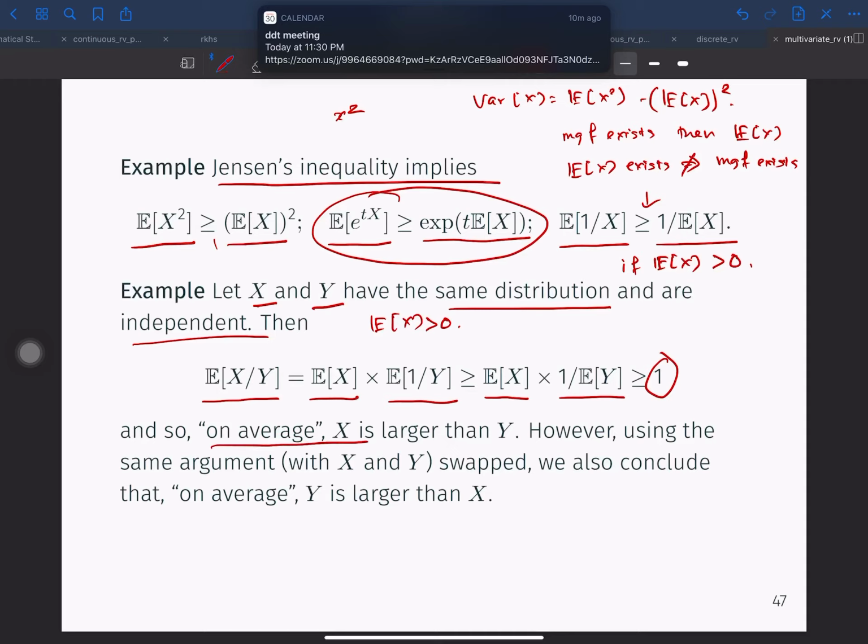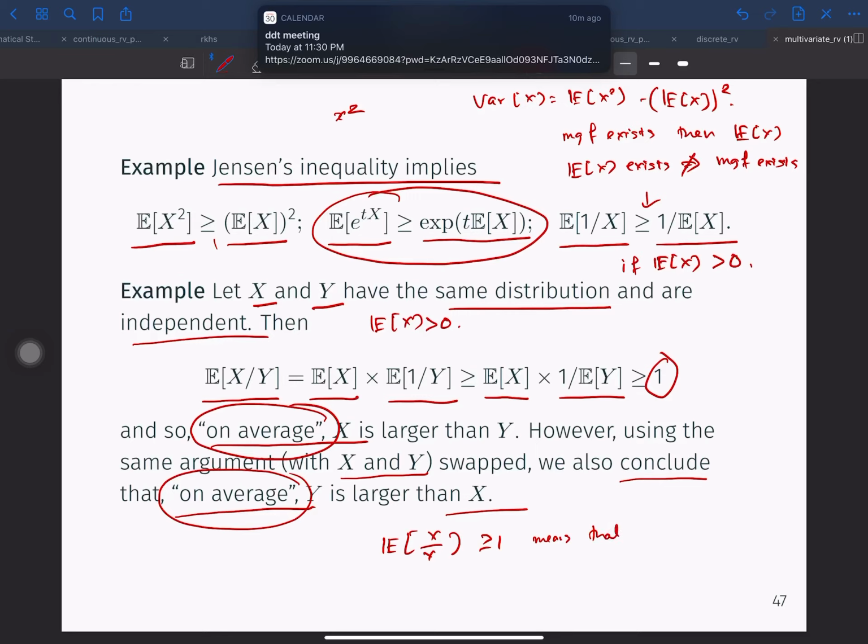However, using the same argument with X and Y swapped, we can also conclude that on average, Y is larger than X. We have seen this kind of example earlier in, say, chapter 3, but this basically just says that the notion of the word on average is a very ambiguous word. So the expected value of X divided by Y bigger than 1 means what?